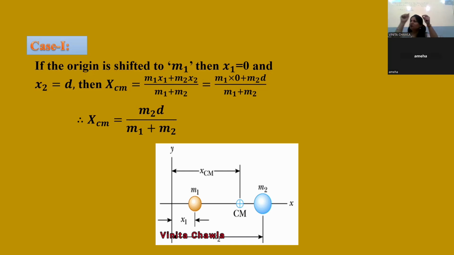m1 m2 के बीच में जो distance है वो क्या है? d. So m1 is at origin, x1 is 0 and x2 is d. Okay, so xcm is m2d upon m1 plus m2. Please write this.